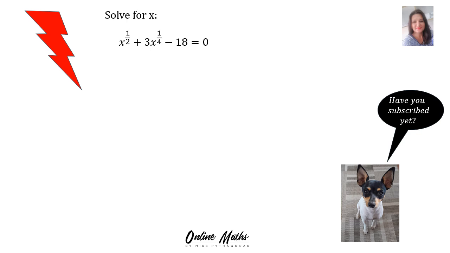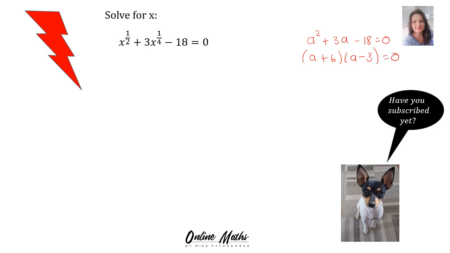Solve for x. Now it's x to the half plus 3x to the quarter minus 18 is equal to 0. So on the right-hand side, I'm going to show you something that is familiar. If I give you a squared plus 3a minus 18, and I say factorize that one, do you agree the answer will be a plus 6 and a minus 3?